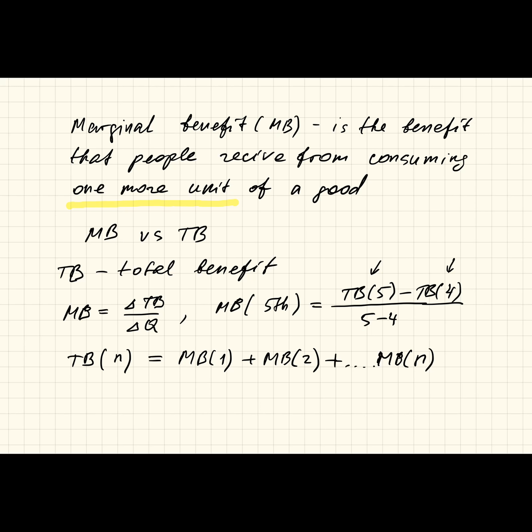For example, if you have 3 slices of pizza, your overall benefit will be marginal benefit of the first unit, marginal benefit of the second unit, marginal benefit of the third unit. When you add them up, you get your overall benefit or joy from consuming 3 slices of pizza.